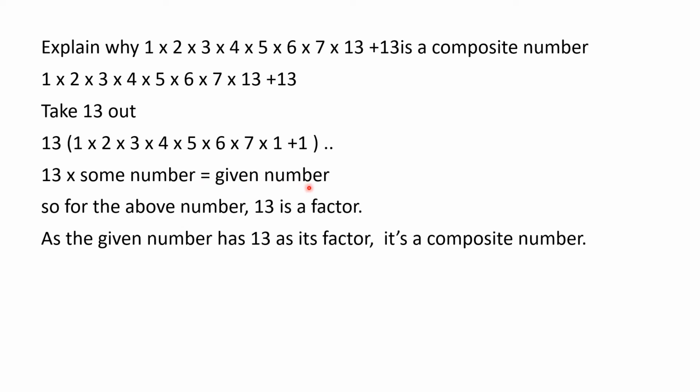A prime number should have only 1 and the number itself as its factors. So the given number has 1 and itself as factors, and other than those, 13 is also its factor. As the given number has 13 as a factor, it is a composite number.